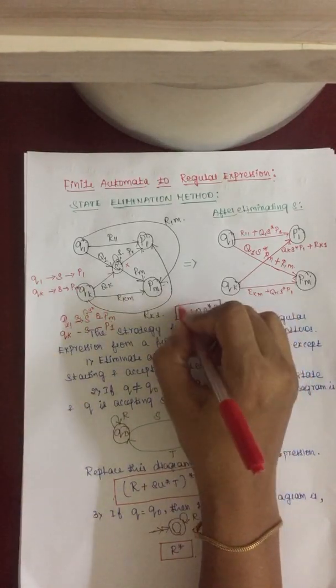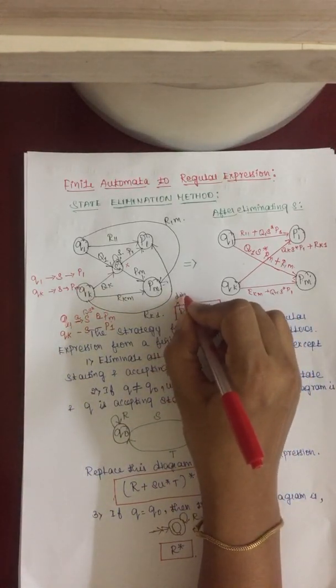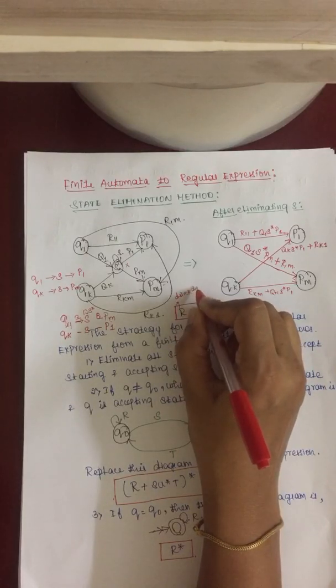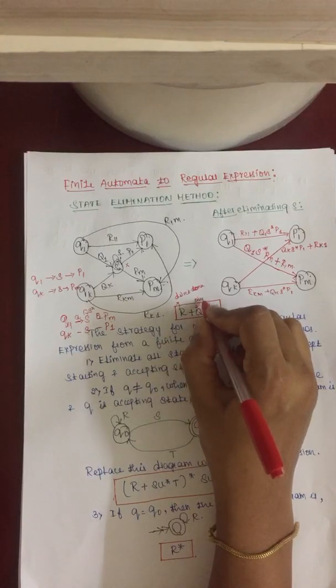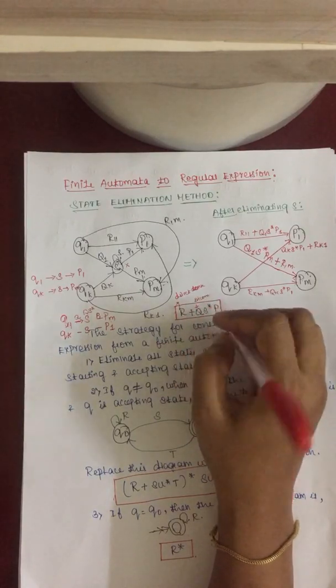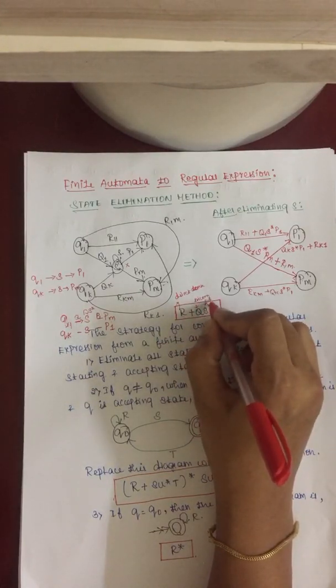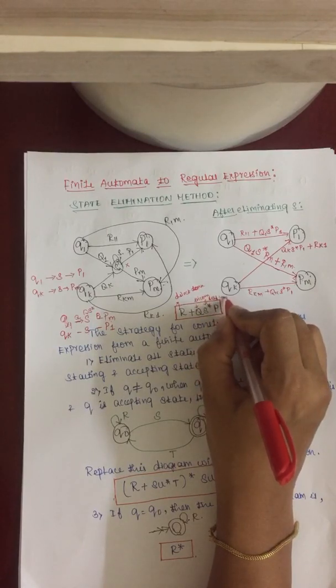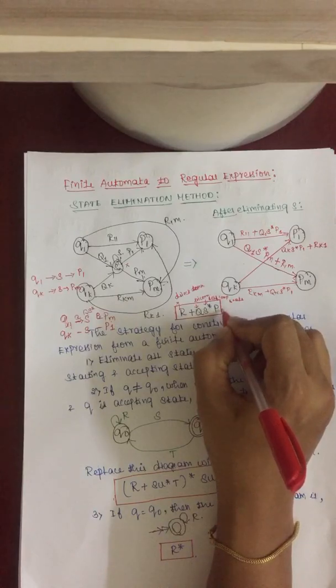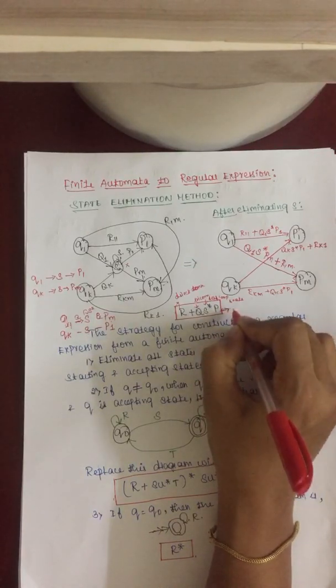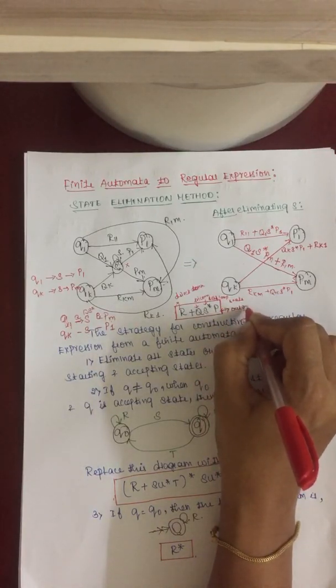The R is going to indicate the direct connection, Q is going to be the incoming transition to the state which you are going to eliminate, S is going to be the self loop of the state which you are going to eliminate, and P is going to be the outgoing transition.